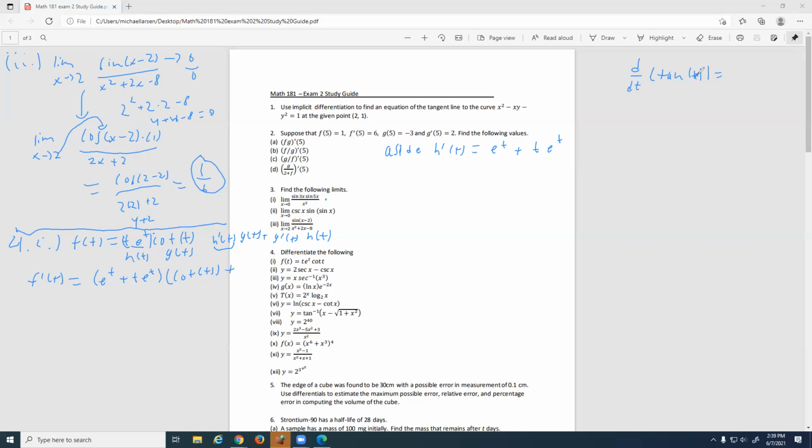So I'll just have to tell you what it is. So any takers on tangent t? Would it be cotangent t? Not quite. If you were to evaluate this, this would actually be secant squared t.